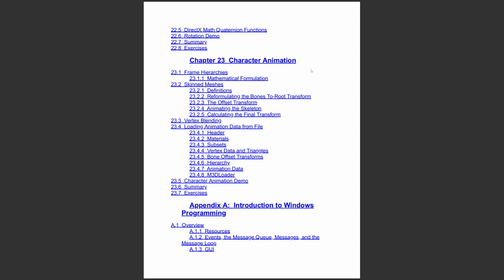And of course, we will finish with an appendix. Any complicated book is going to have some good appendices. We'll be talking about an Introduction to Windows Programming. I have another Let's Study series on Programming Windows, 5th edition, in which case we'll be talking about the Win32 API of the Windows operating system.